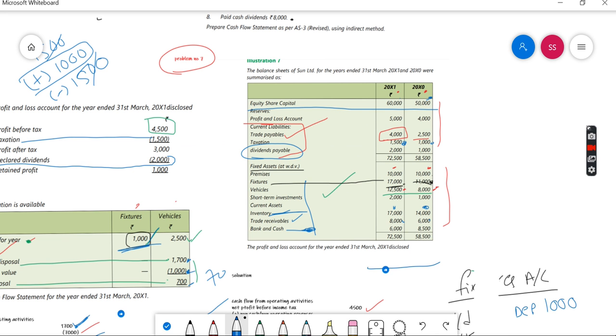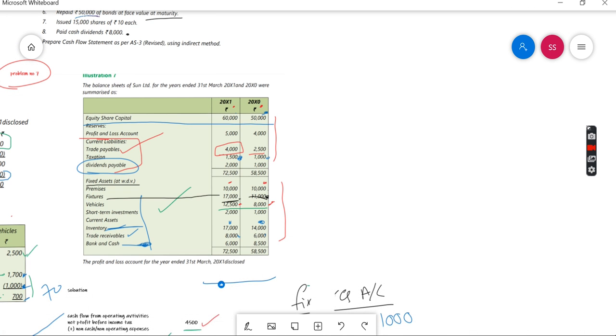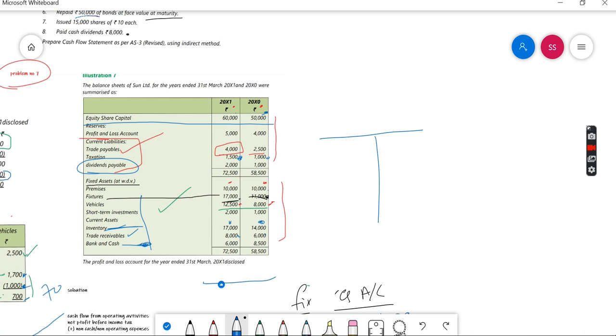So let's prepare an account to get a clear picture. So dividend payable is a liability for the company. Liability shows credit balance. So dividend payable was 1000 rupees. So by balance carried down 1000. To balance brought down was 2000.